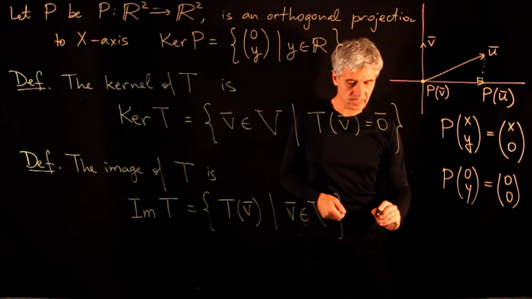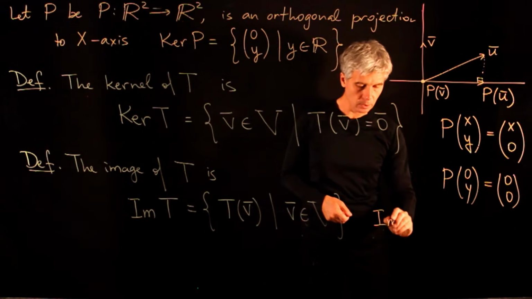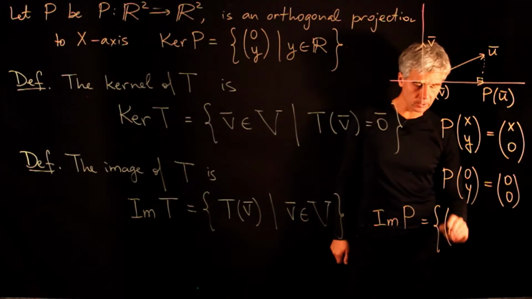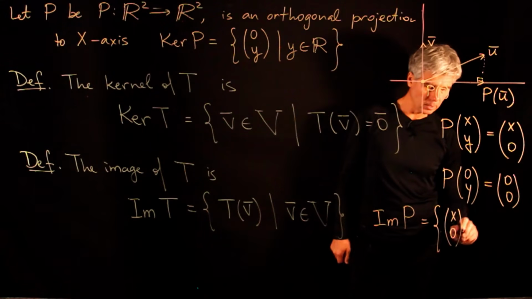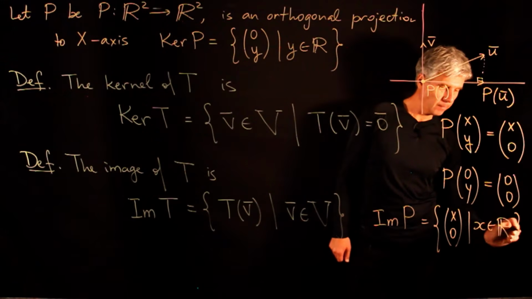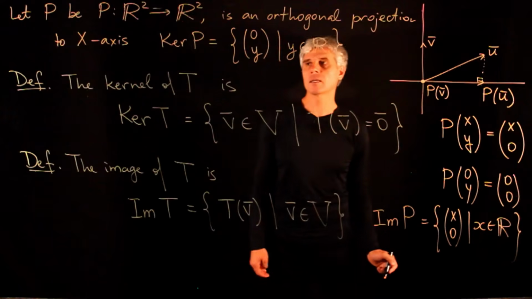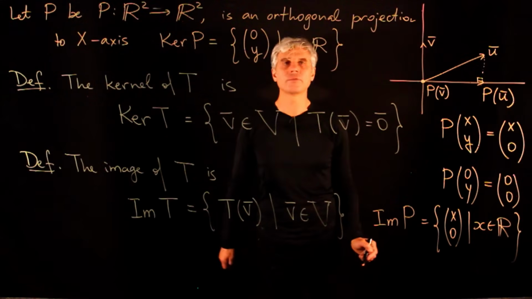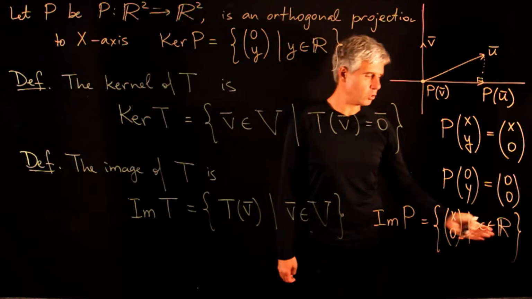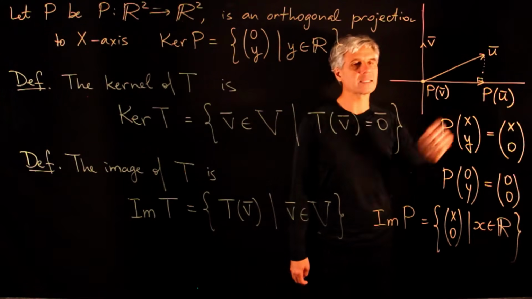So the image of this operator P consists of vectors (x, 0), where x runs over real numbers. So what we see here is that the kernel of this projection operator is the y-axis, and the image of the projection operator is the x-axis.